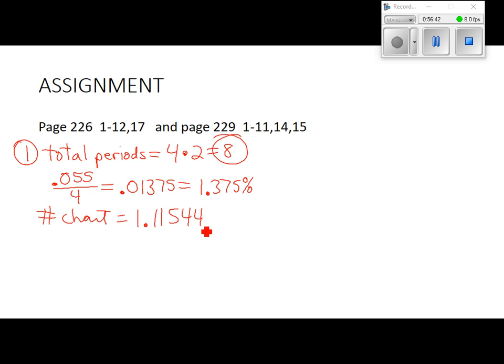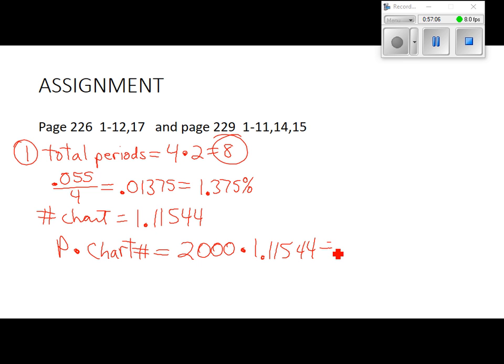And then all we do with that number is multiply the principal times the chart number. What was Ed's principal? 2,000. So we take 2,000 times 1.11544.